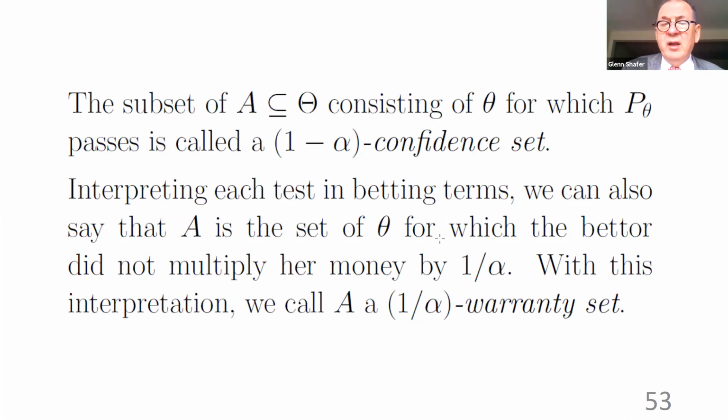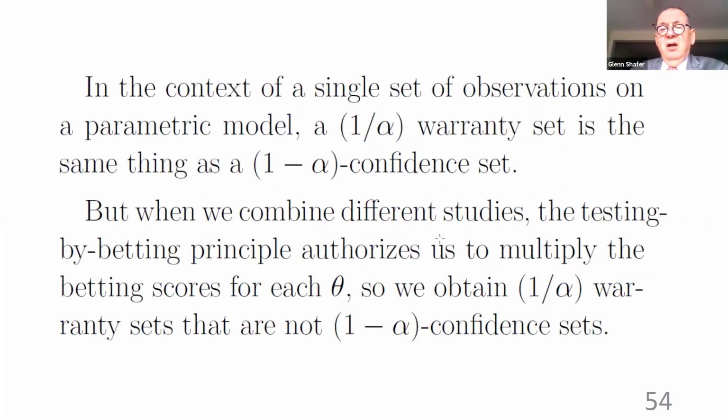So this gives us a way of generalizing confidence sets, so that you can get 1 over alpha warranty sets that aren't 1 minus alpha confidence sets.